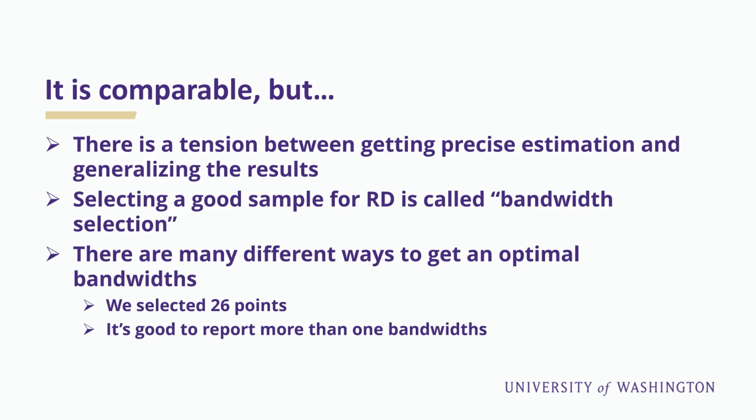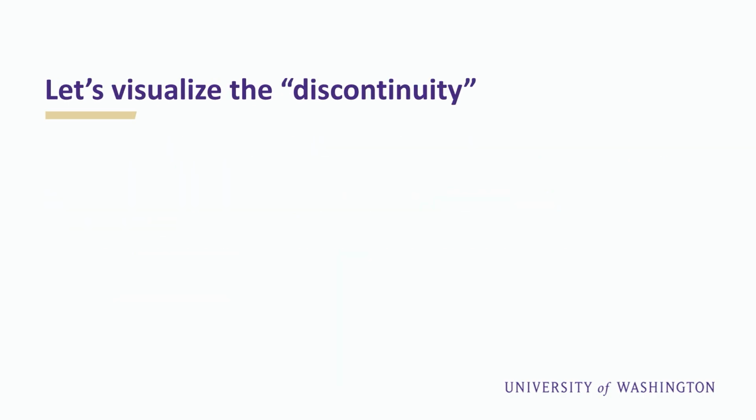In the upcoming paper, we will run through the process with different bandwidth selection techniques. But for the purpose of this presentation, we just picked 26 points as our bandwidth. In general, it's good to report more than one bandwidth, so we're going to do that as well, but we're going to stick to this bandwidth for now. So that's our sample for the RD analysis.